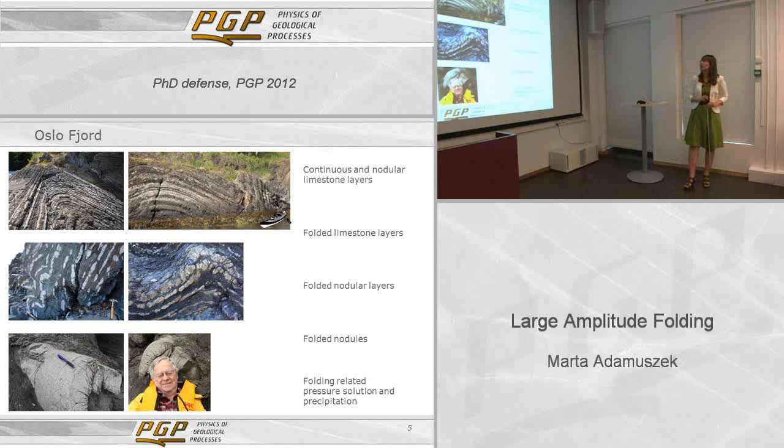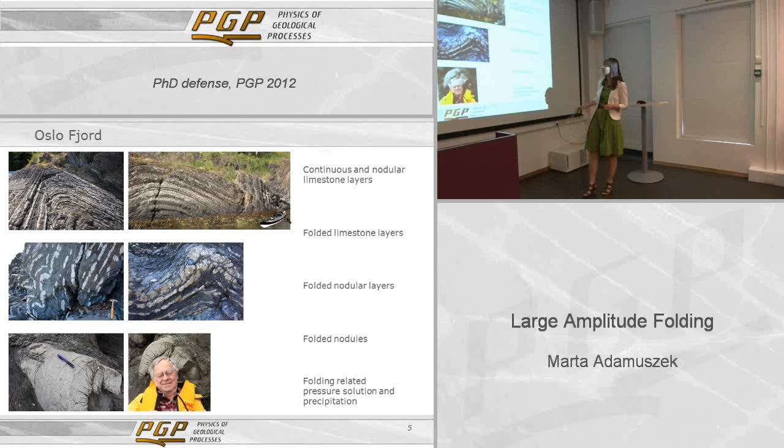So these are a few pictures from the Oslo Fjord. And I could observe folds that developed on various scales. They had various shapes. And I saw the folds develop in a sequence where I observed a continuous layer, but also folded nodule layers.